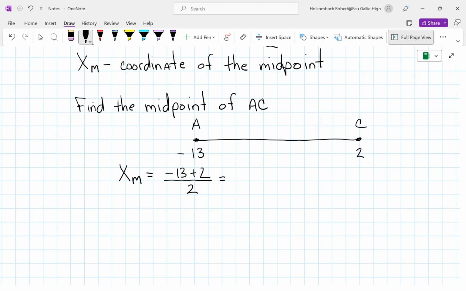So negative 13 plus 2 is equal to negative 11 divided by 2 is negative 5.5. So right here in the middle at negative 5.5 would be our x at the middle, or our midpoint.